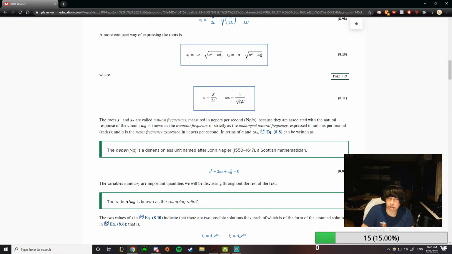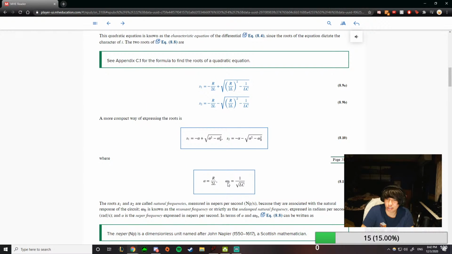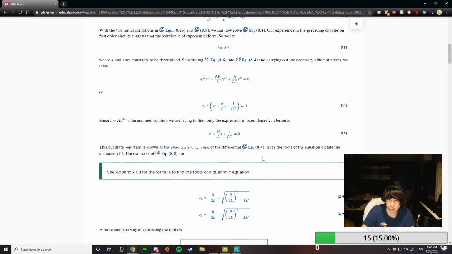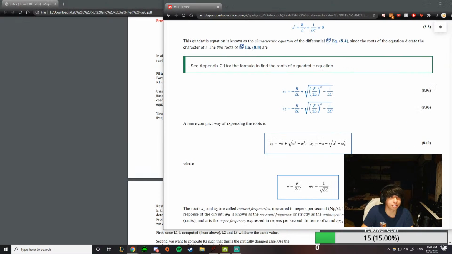So omega naught is equal to 1 over root LC, but no, I don't think I need to know the relationship between them. Okay, so then 1 over root LC. I'm so fucked for the final of this class. Holy shit.